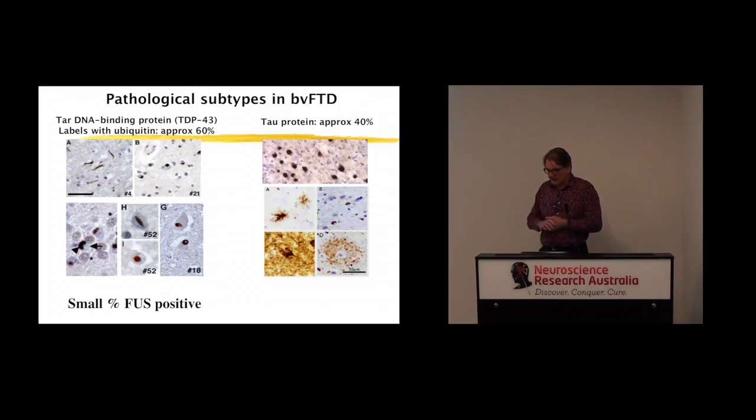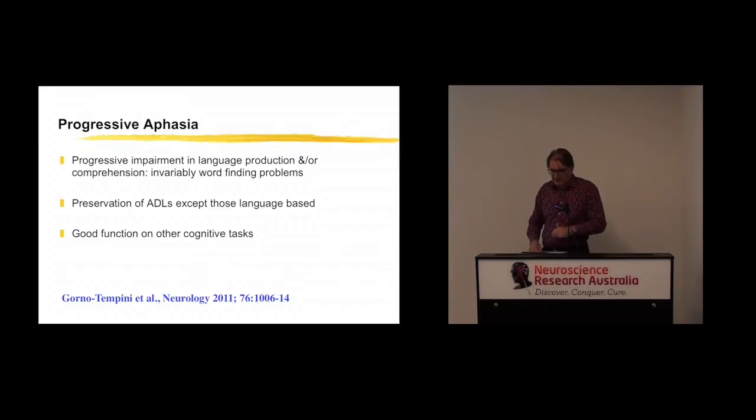So again, a sort of research development in the next few years is identifying better markers, whether they're imaging or whether they're blood markers of the underlying pathology, because the split is about 50-50. When we come on to the patients presenting with language problems, the situation's rather different. The language syndromes that we've delineated are more predictive of the underlying pathology.